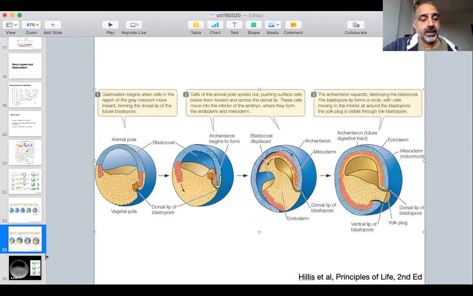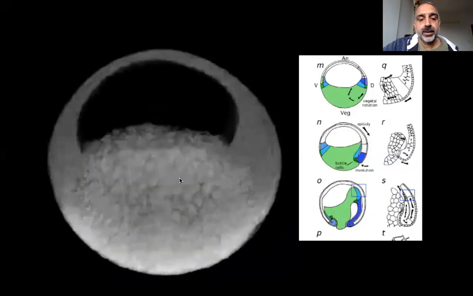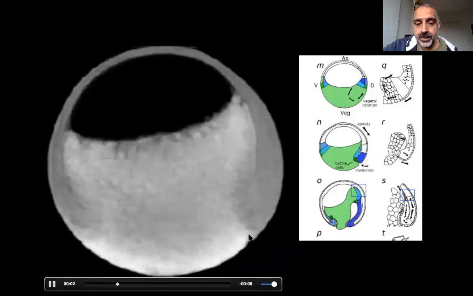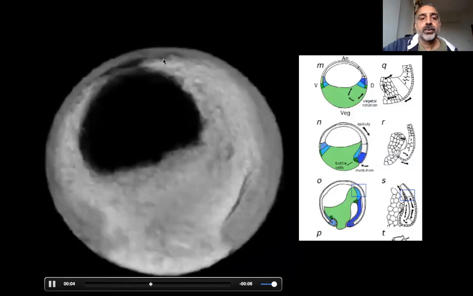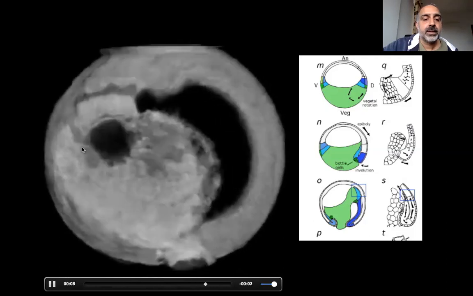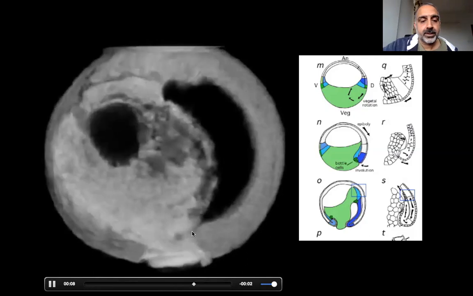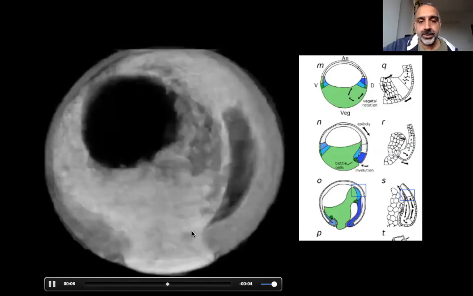Okay, so let me explain how this is working. This is a view of gastrulation happening. You can see here now the crawling of the mesoderm along the top of the archenteron.